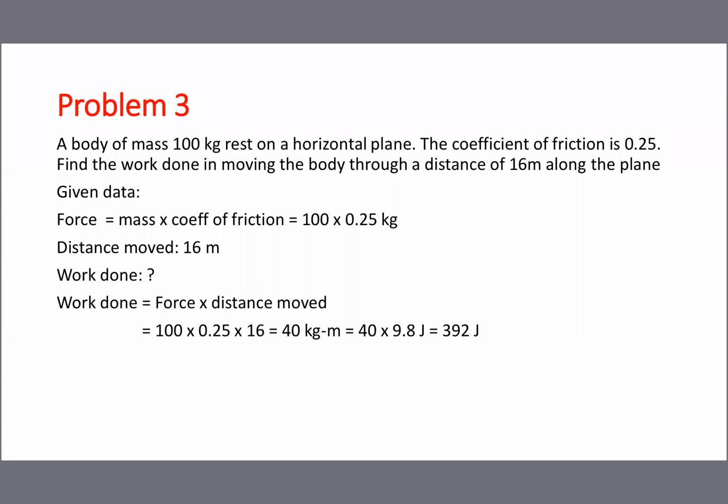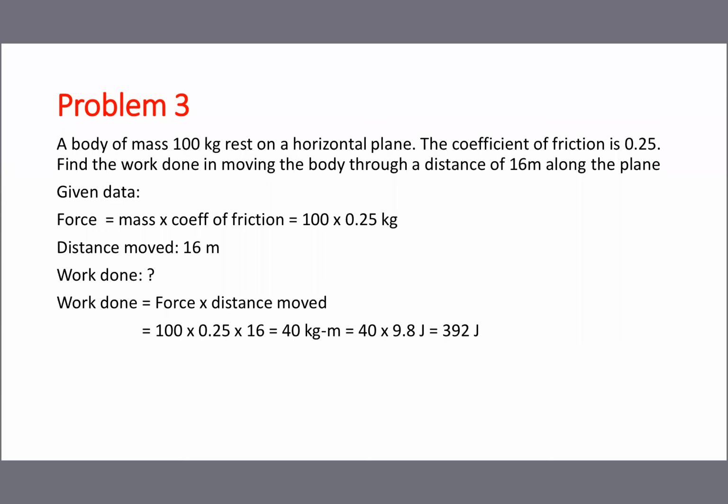Find the work done in moving the body through a distance of 16 meters along the plane. As usual, you start the problem from the question. Find the work done. Work done formula: force into distance. So two data are required.